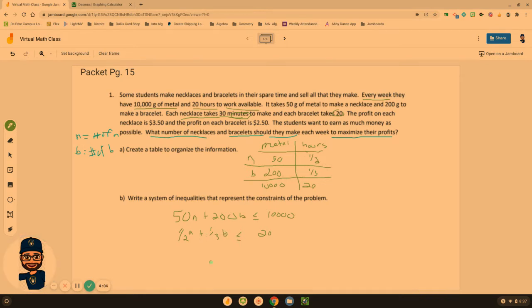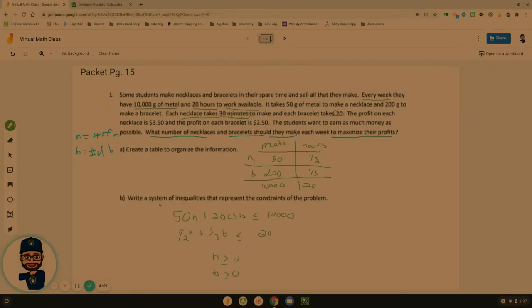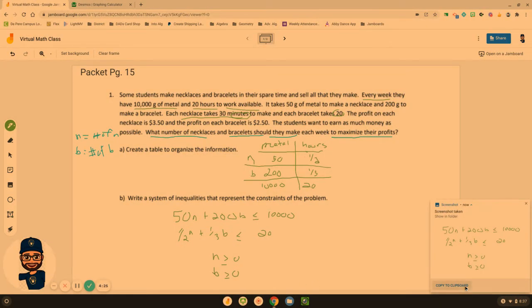Less than or equal to. And let's not forget that the number of necklaces we make should be greater than or equal to 0, and the number of bracelets that we make should also be greater than or equal to 0. So it's that information down here that we can truly use to then graph and find our feasible region.